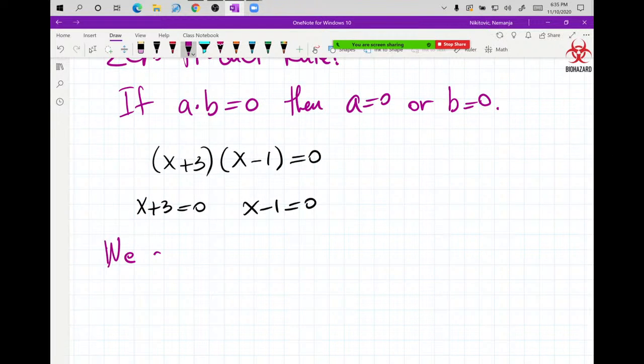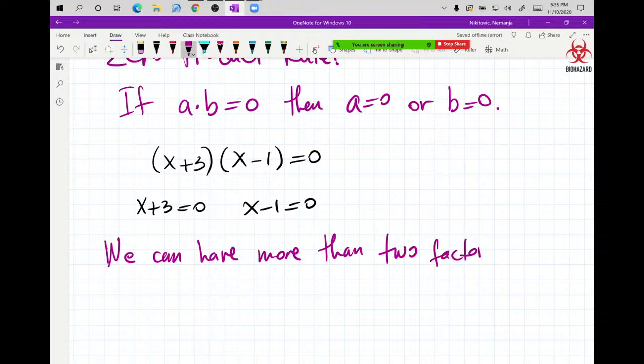So we can have more than 2 factors. So A times B times C times D is equal to 0.